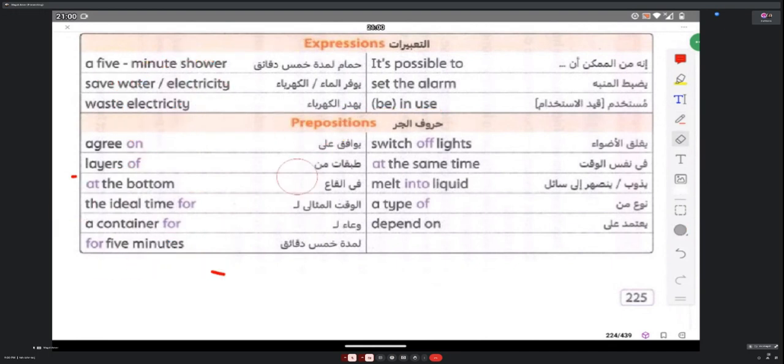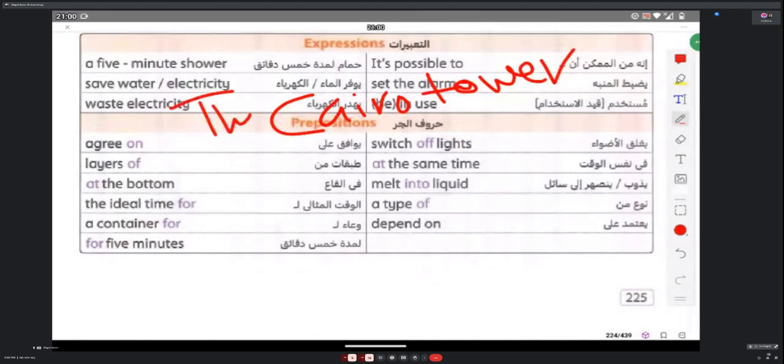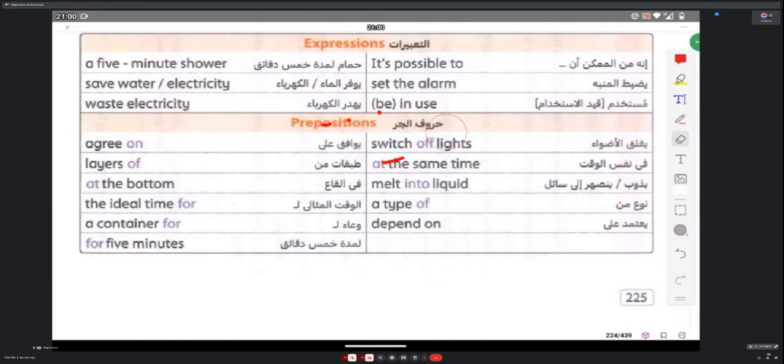We can use a noun as an adjective. The Cairo Tower. Cairo here, we know it's a noun, but it is here an adjective to the word tower. Switch off, switch on.